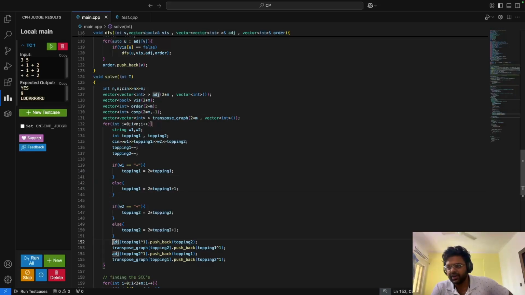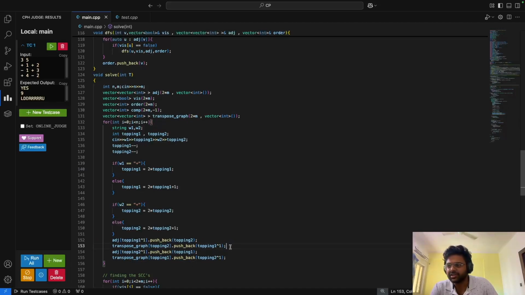And then we are pushing this into the graph. So topping 1 would be the negation of topping 1, push back topping 2, and same for this. And the transpose graph we are using for the SCC.